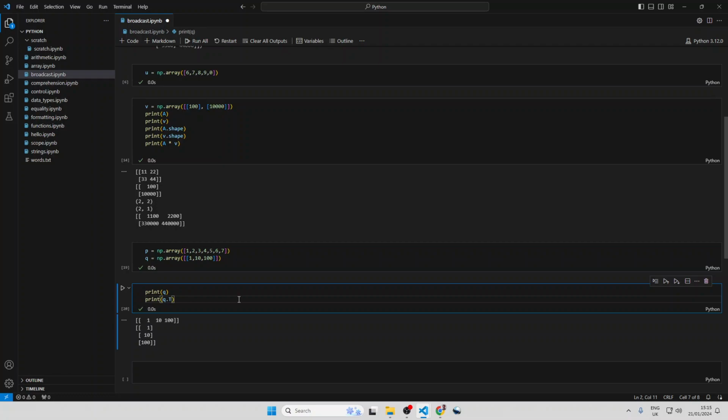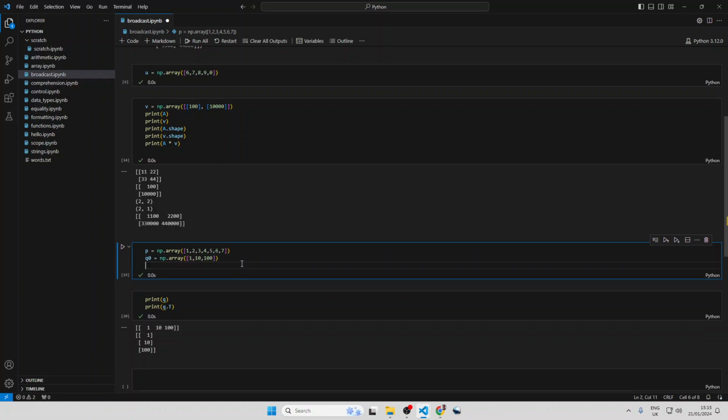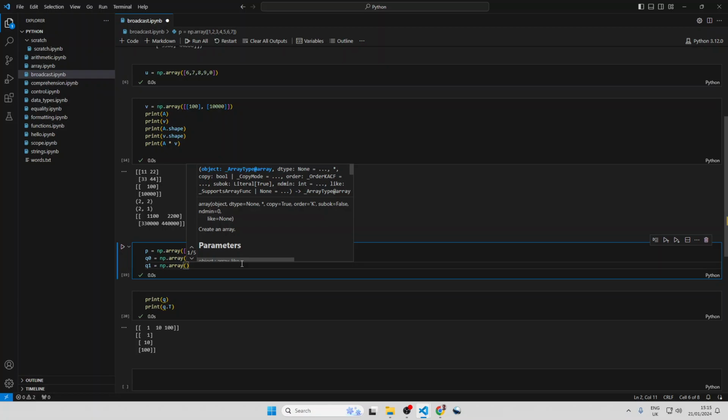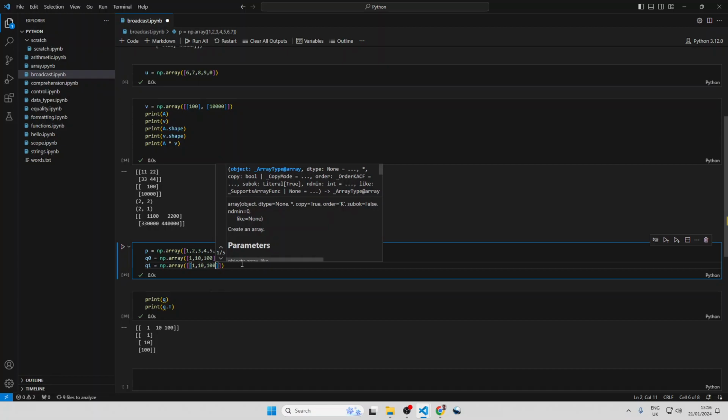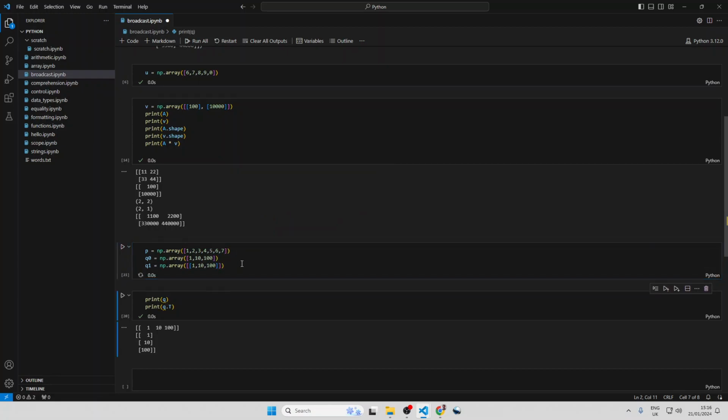Let's actually do this again. Q0 is the thing with only one pair of brackets, and Q1 is the thing with two pairs of brackets.